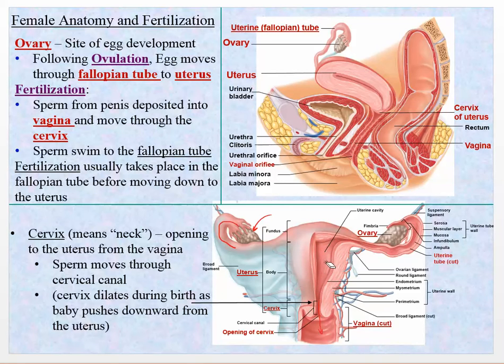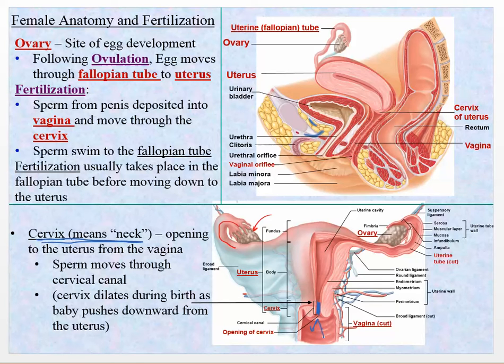So let's think about what happens there. So if we look, this is the vagina down here, and this is something called the cervix. So cervix means neck. Okay, and that is the opening from the vagina into the uterus. Now, usually this is filled with thick mucus, and so there is no movement.